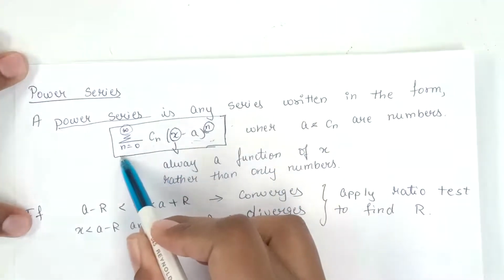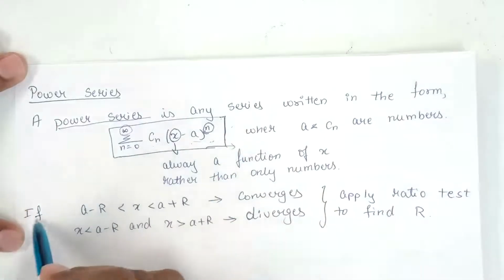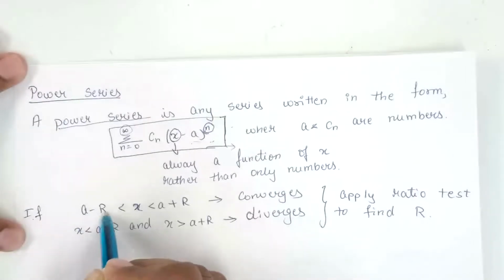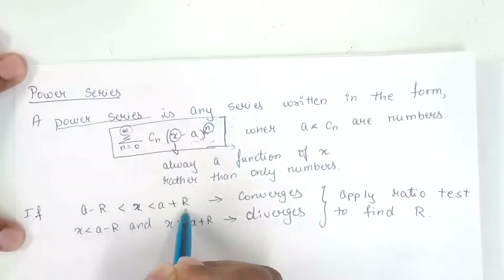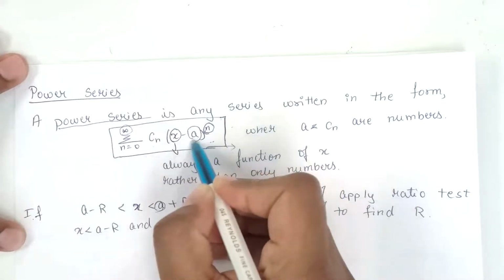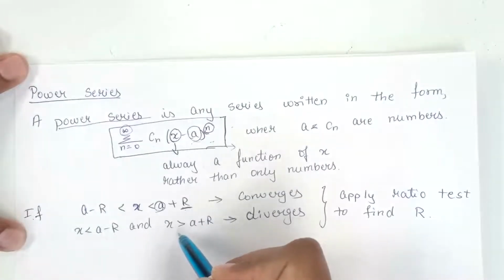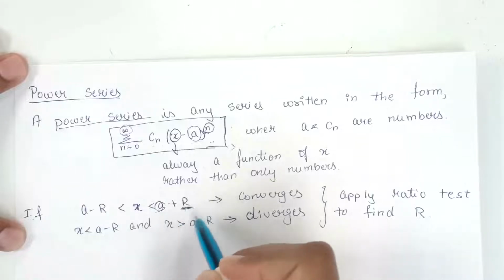Now, how do we say that this series is converging? If x is between a minus r and a plus r. So a is a number which is already given in the problem. R means the radius. Got it? So this r you need to find out.